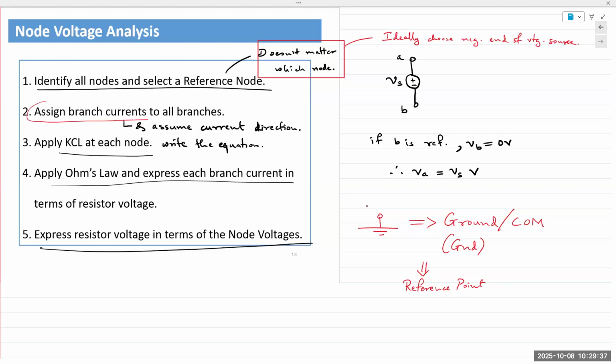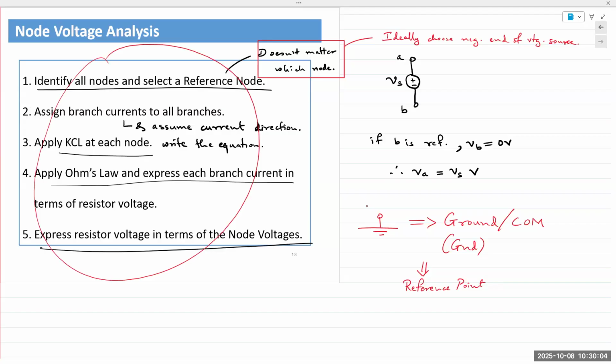Then next is to assign branch currents to all branches, assume current direction, write the KCL equation at each node, and generate your expressions. Apply Ohm's law and express each branch current in terms of the node voltages at either end of the resistors. If you proceed in this step-by-step manner, you can solve any circuit you want.